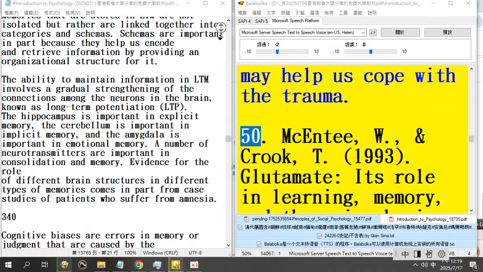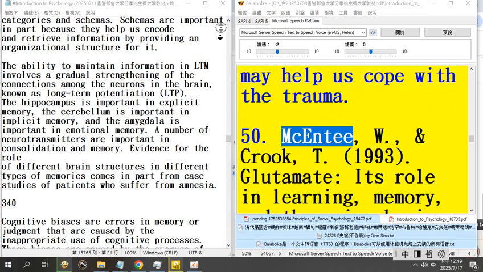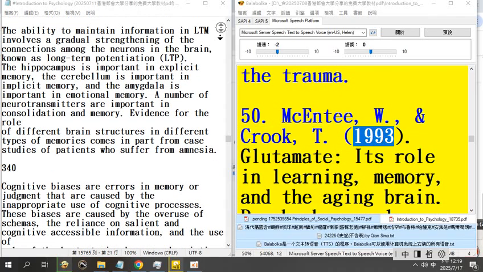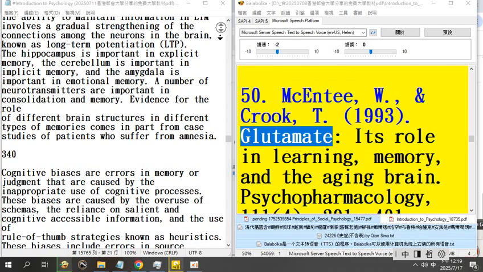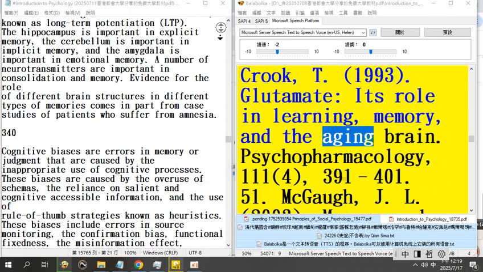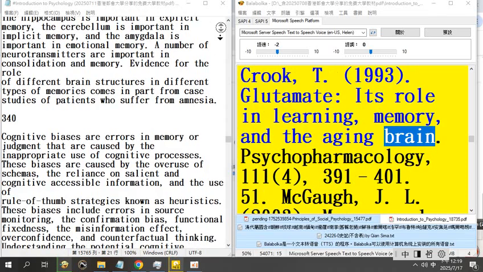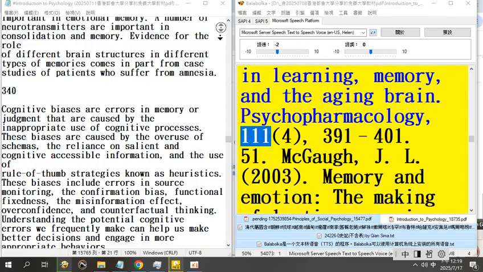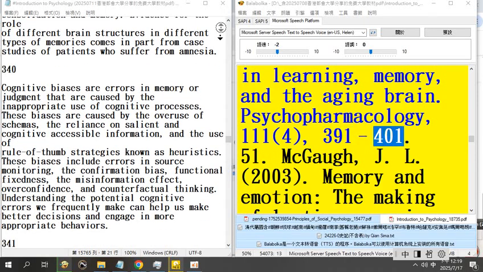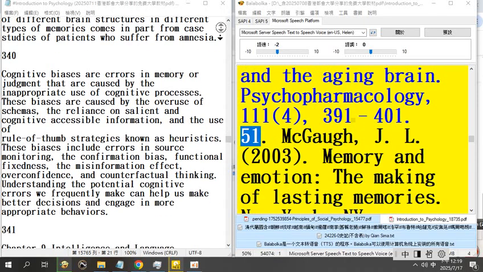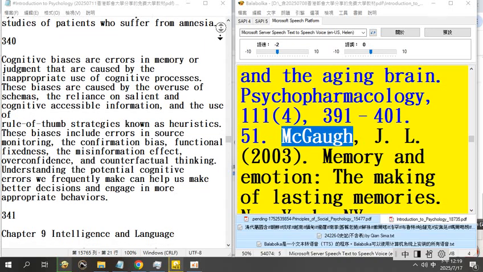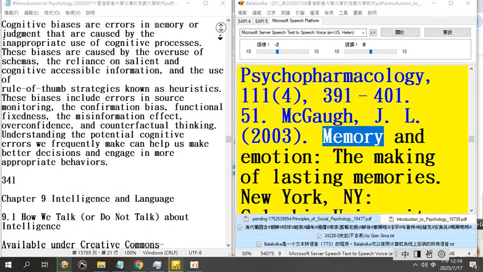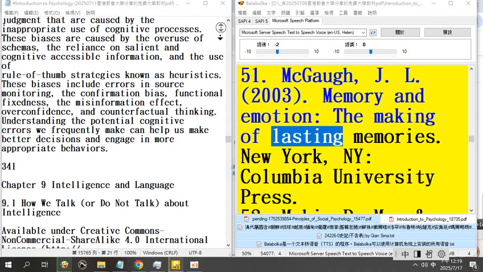50. McEntee, W., and Crook, T. 1993. Glutamate: Its role in learning, memory, and the aging brain. Psychopharmacology, 111(4), 391-401. 51. McGaugh, J.L. 2003. Memory and Emotion: The Making of Lasting Memories.